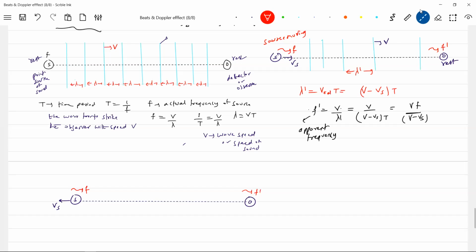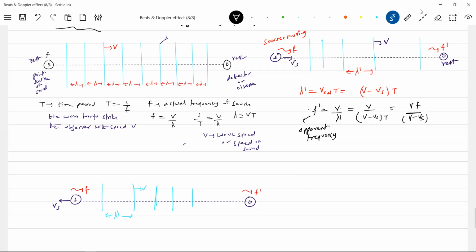Then also the distance between wavefronts is going to change. In this case, lambda dash, what do we write, v plus vs? V minus of minus vs, or v relative, I'll write it.